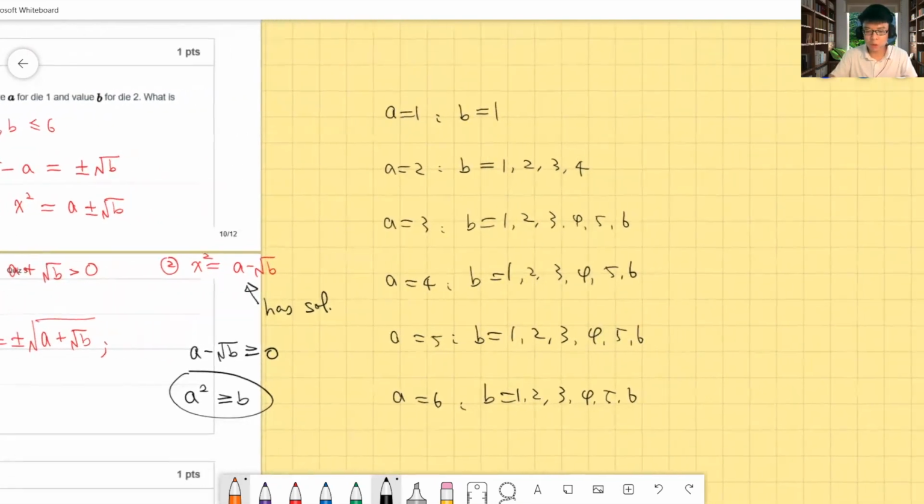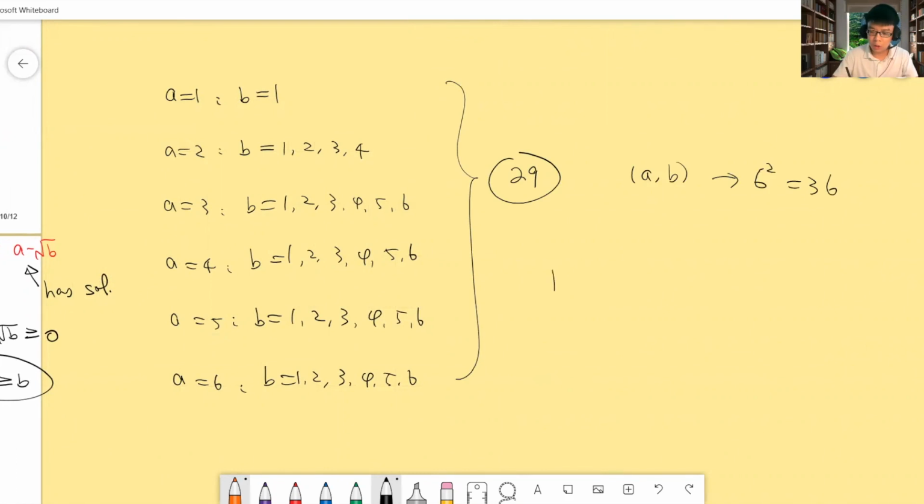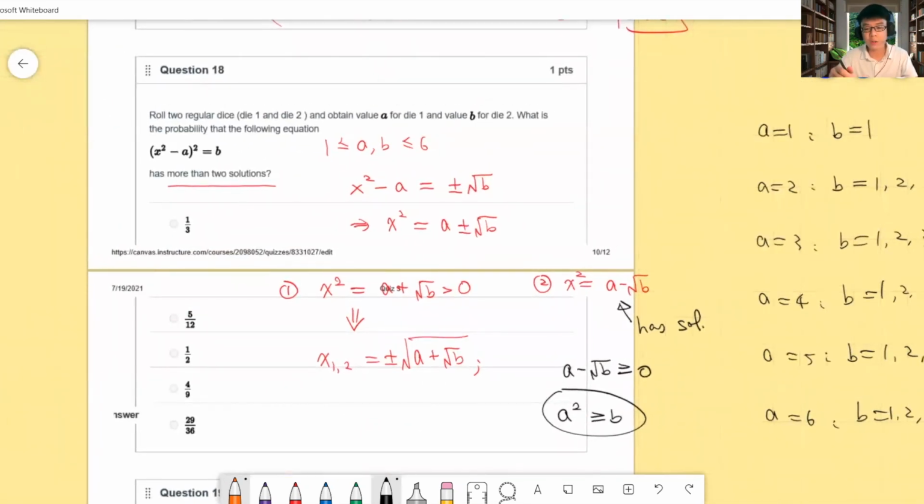Now those are all possible A and B. We calculate they are totally 29 cases. And for the combination of A and B, they are totally 6 squared, that is 36 cases. That means the probability is 29 over 36. So here the answer is 29 over 36.